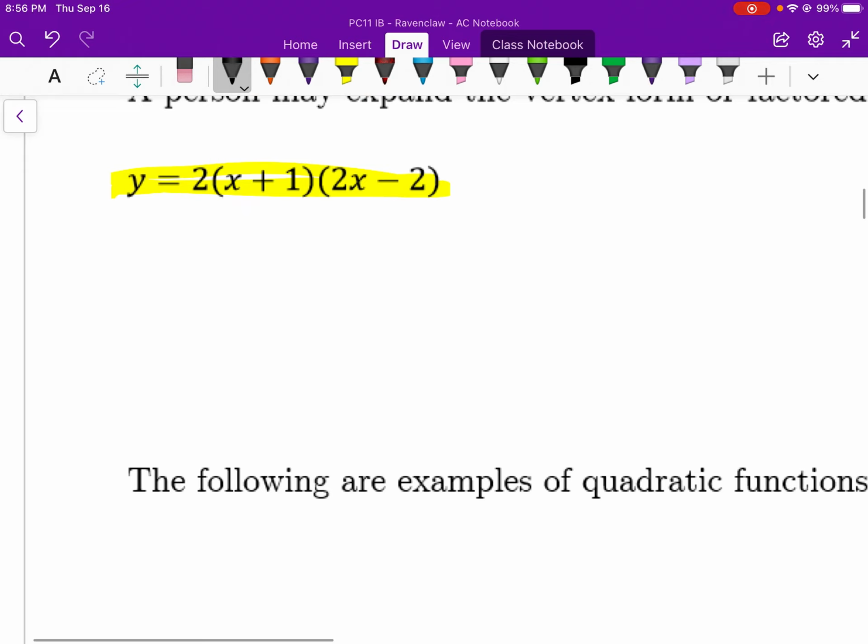So if I have y is equal to 2, open brackets, x plus 1, close brackets, open brackets, 2x minus 1, I'm going to change this into general form by multiplying. I'm going to distribute my multiplication of 2 into that first factor.